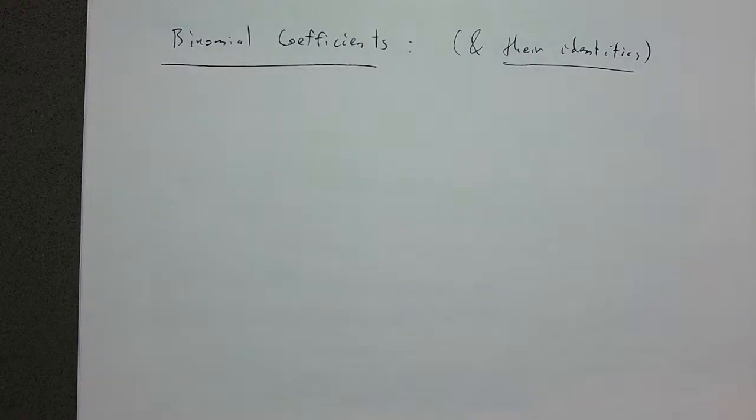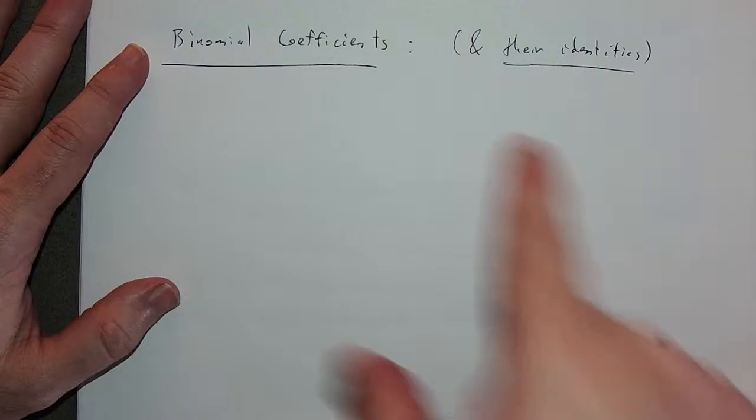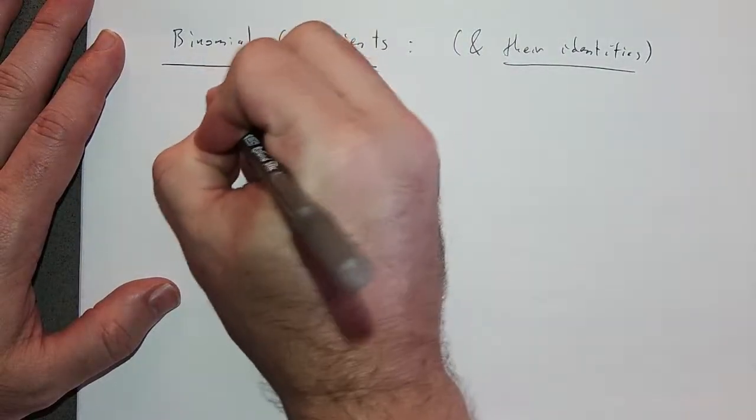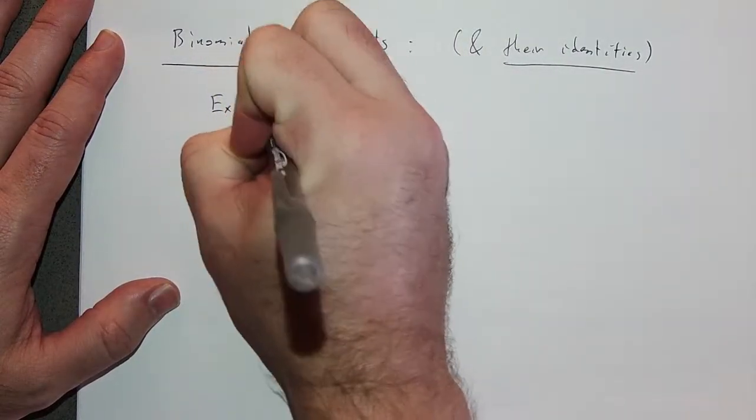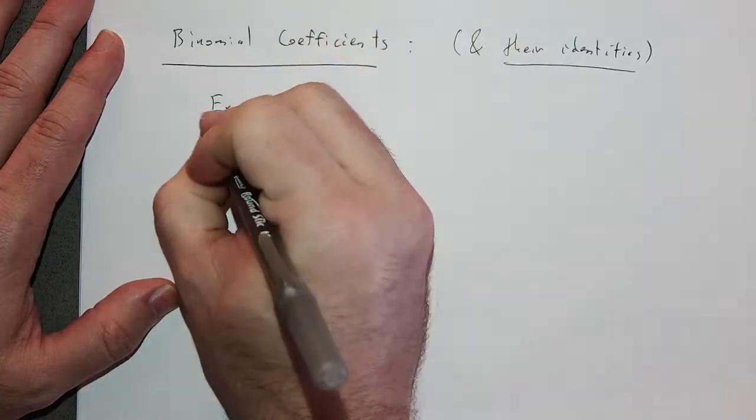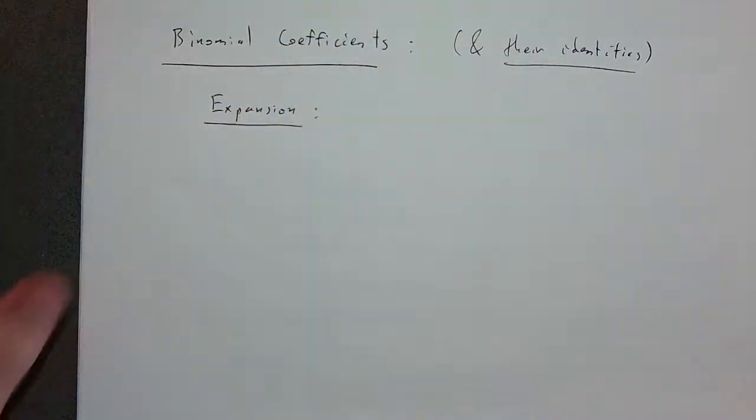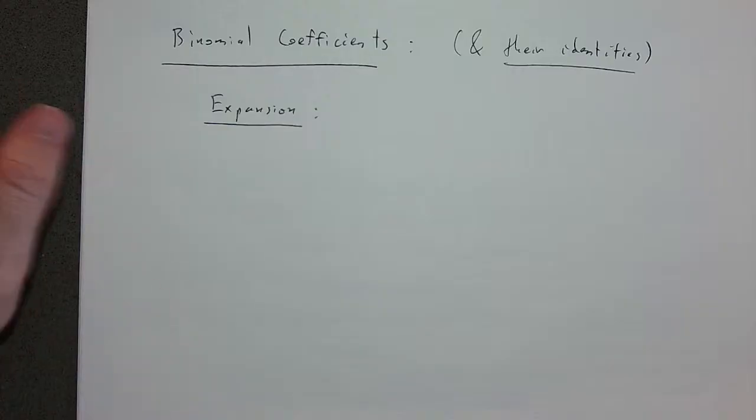They have many, many different excellent properties that you are going to use so many times in this course you're going to get sick of them. So first, there's what I'll call expansion, which is just ever so slightly expanding on our definition of these binomial coefficients.